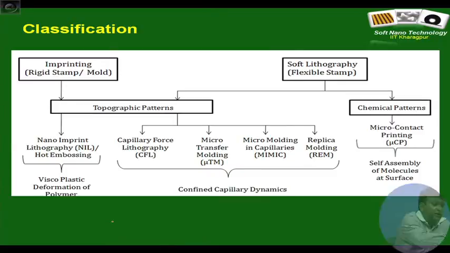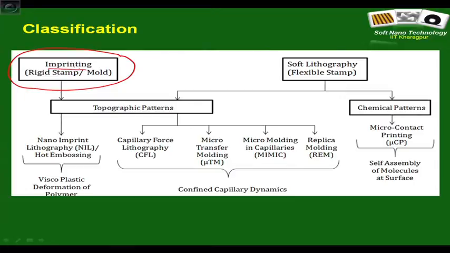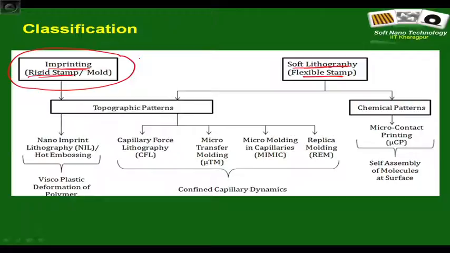So, I include NIL into this group, but I mention that it is actually an imprinting technique rather than a classical soft lithography technique, which requires a flexible stamp. So, the moment you are imprinting, you are bringing in a rigid stamp, and then you are applying excess pressure from outside.